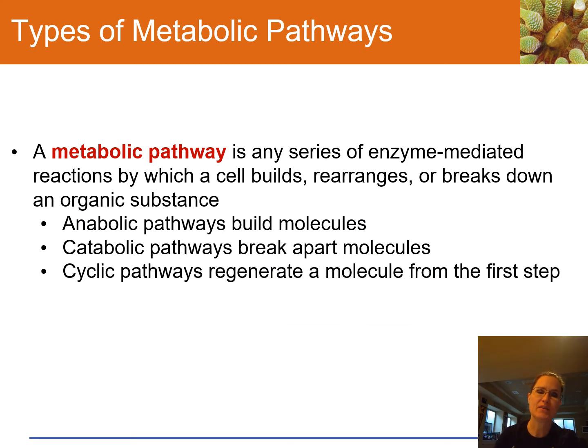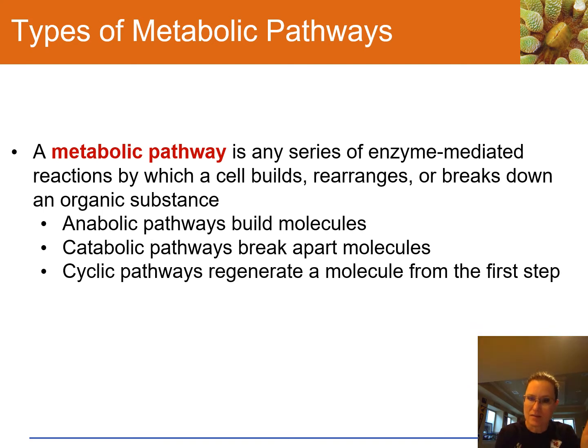And then we have different pathways in our bodies. Some of them break things down, some of them put things together. So anabolic puts them together, it builds things. I remember this because anabolic reminds me of steroids, and steroids build muscle. And then catabolic is breaking things apart.